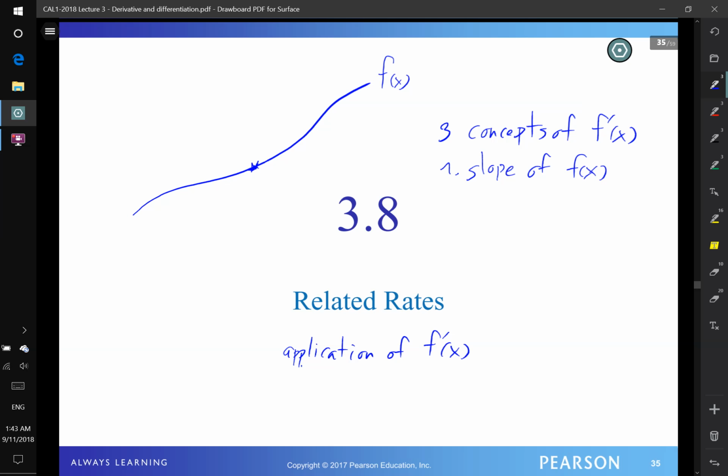Some of you might say that this is not so obvious. So another way to look at the derivative is as the slope of the tangent line.